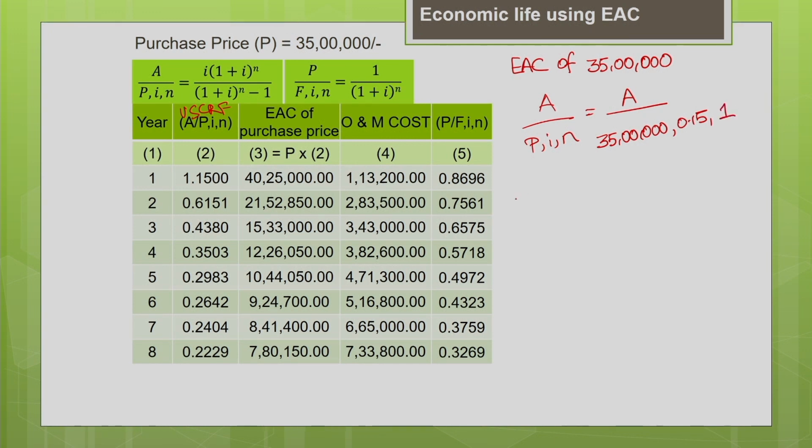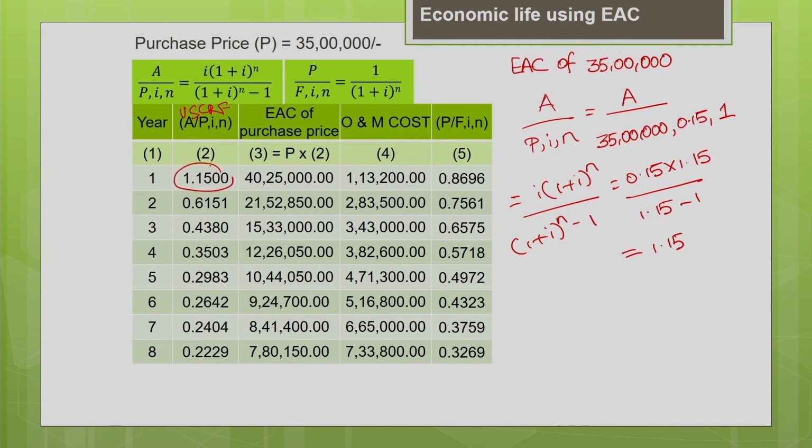For year 1, we are going to calculate. It is nothing but I into (1 plus I) whole power n divided by (1 plus I) whole power n minus 1. So, 0.15 multiplied by 1.15, n is 1, divided by 1.15 minus 1. This gives you the answer as 1.15. So, this is my capital recovery factor for year 1.